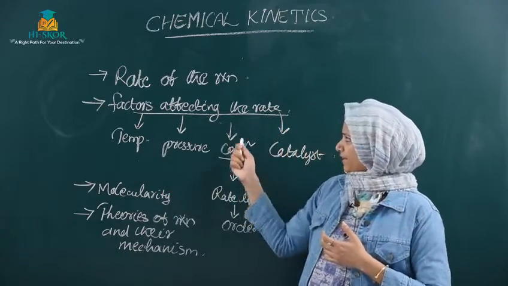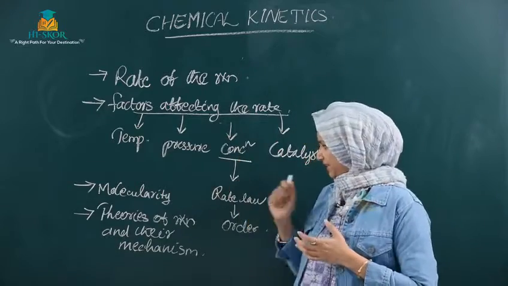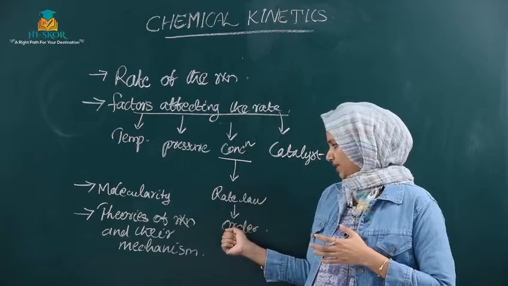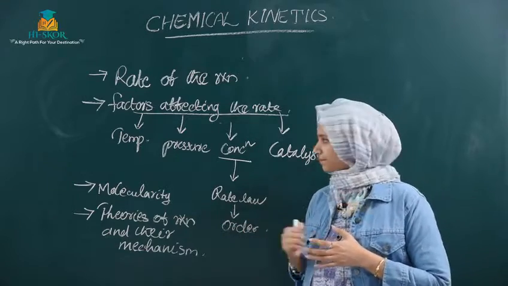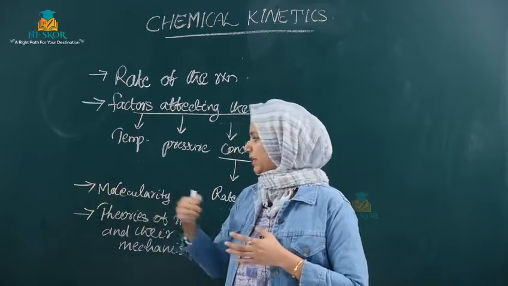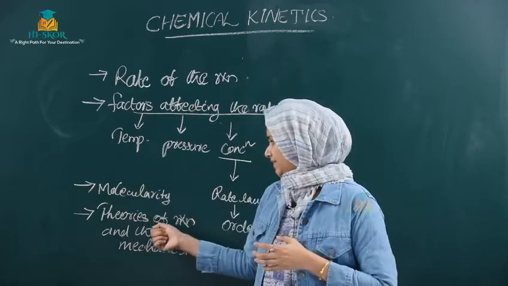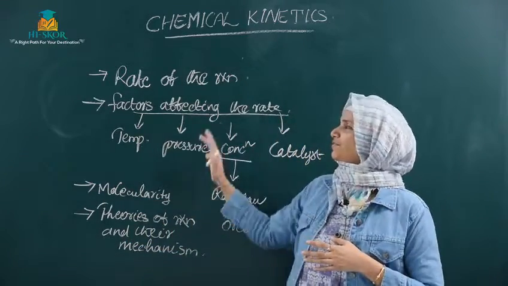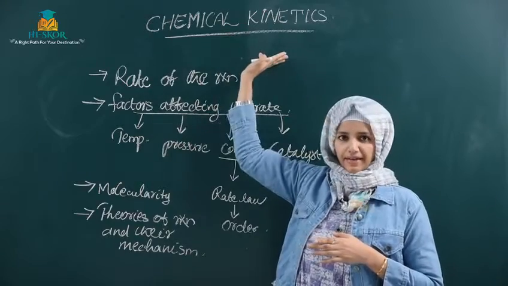In the effect of concentration we have further discussion, that is rate law and order. Then the next term, molecularity, then theories of reaction and their mechanism. This is the simple overview of this unit, chemical kinetics.